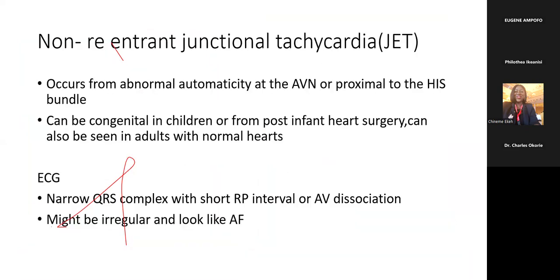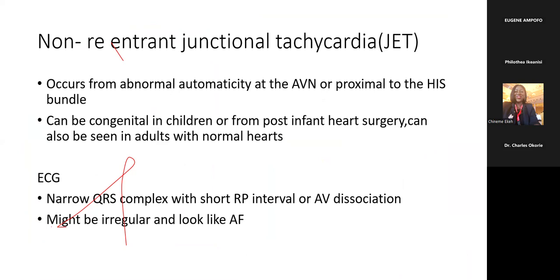It occurs from abnormal automaticity at the AV node or proximal to the His bundle. This can be congenital in children or from post-infant heart surgery, and can also be seen in adults with normal hearts. The non-reentrant junctional tachycardia shows a narrow QRS complex with a short RP interval or AV dissociation.